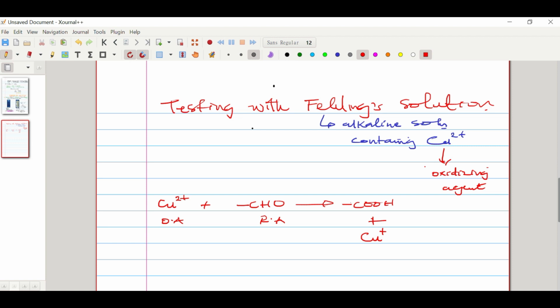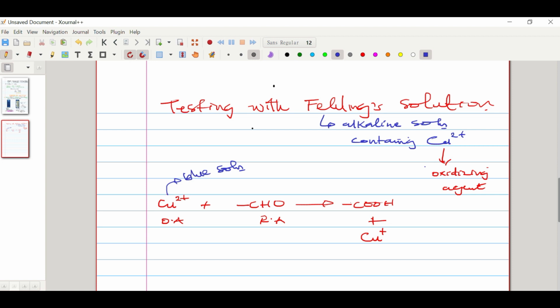So what is going to be the observation in that regard? Of course, we know that a solution that contains copper 2 ion is blue. So it's going to be a blue solution.